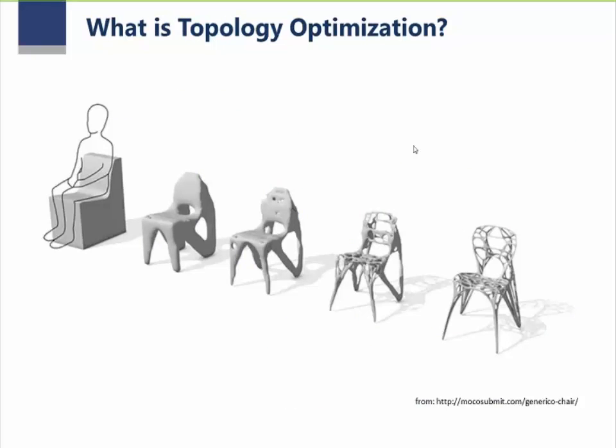So what is topology optimization? Perhaps for someone it's a new term. In topology optimization, we start from an extended design, and at the end we can get a different design, which is sometimes very difficult to reach with our experience.